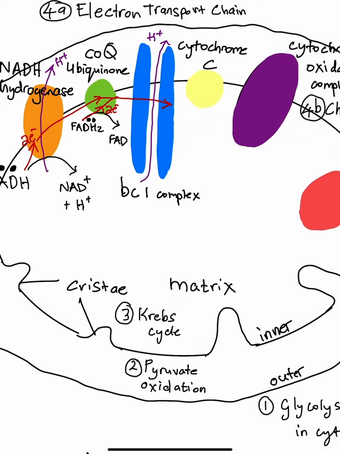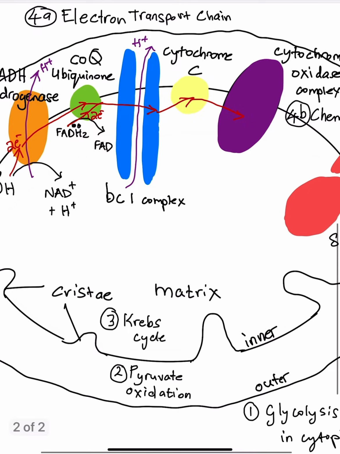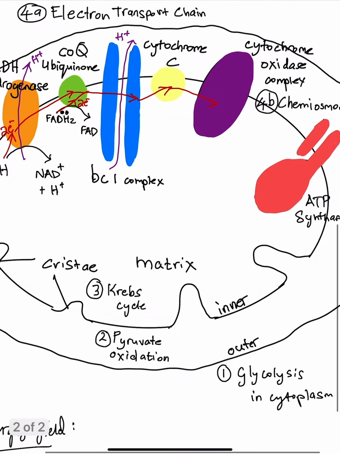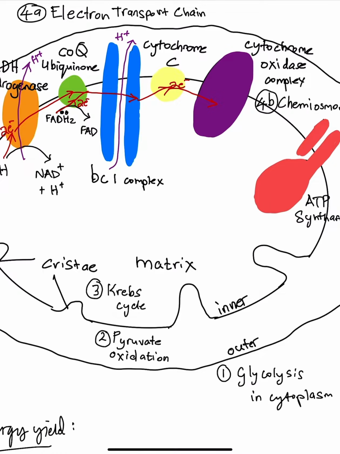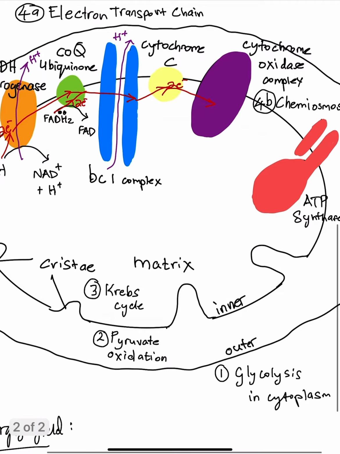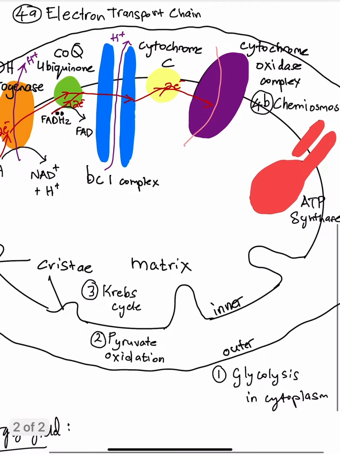The electrons will continue on their path and be pumped through cytochrome C next. And then after that, they will reach the cytochrome oxidase complex. Hydrogen ions are also pumped through the cytochrome oxidase complex.